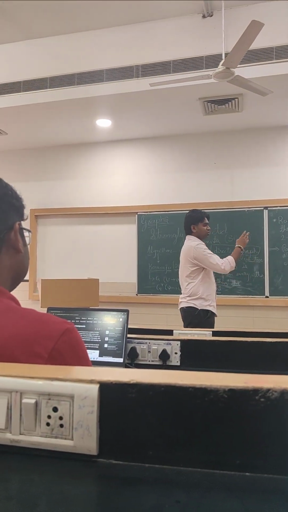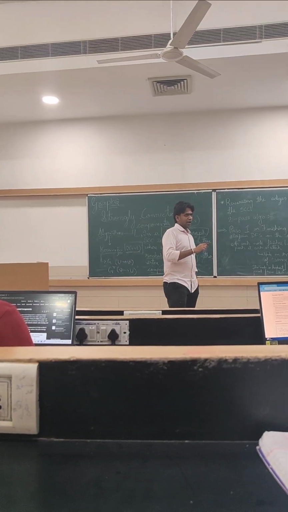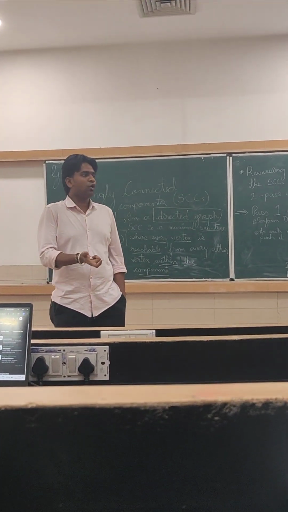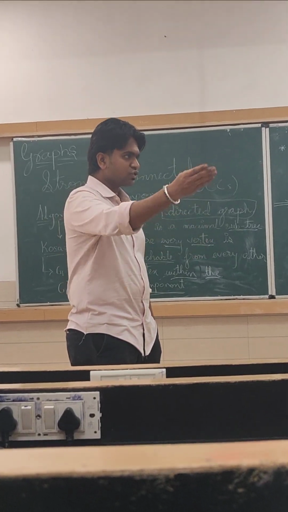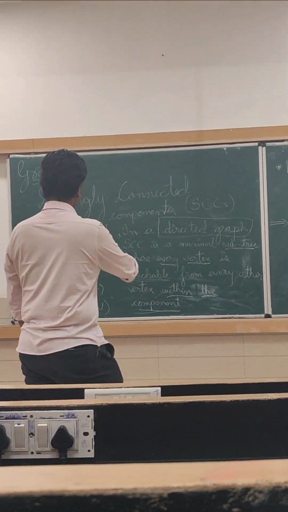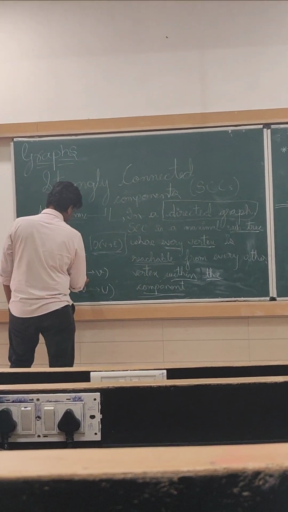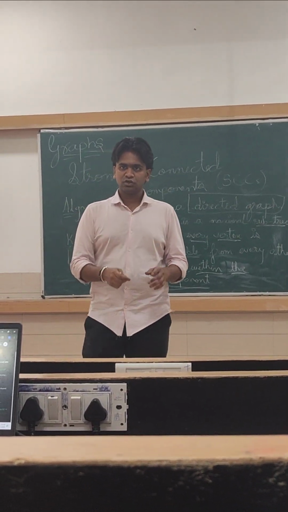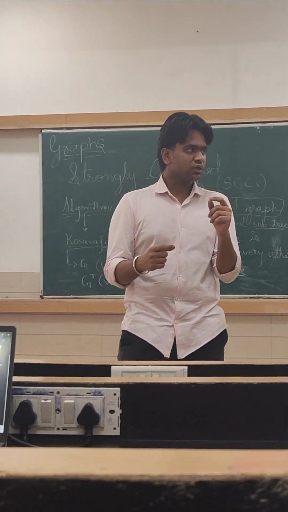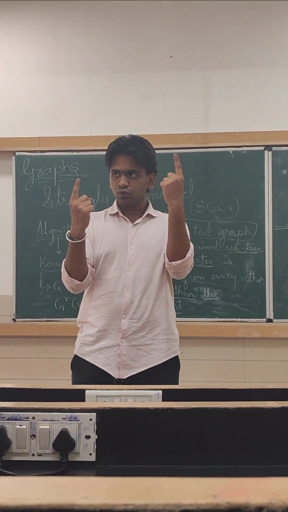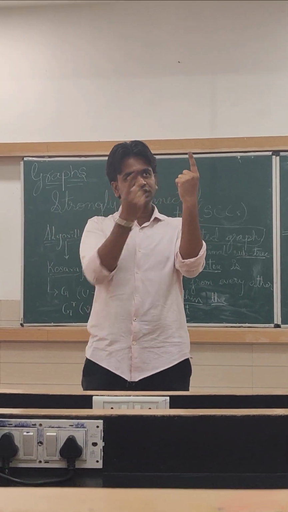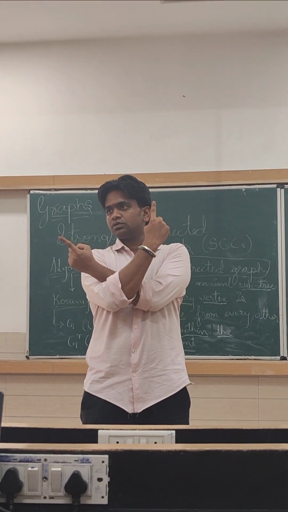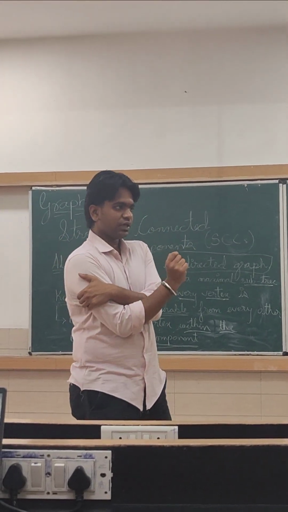Exactly. So if you have a graph and there are many edges, every edge will be of the form from a vertex to some vertex. Let's say the edge goes from U to V, and there are many such edges. The transpose of the graph means all the edges you reverse. Understand this very carefully.